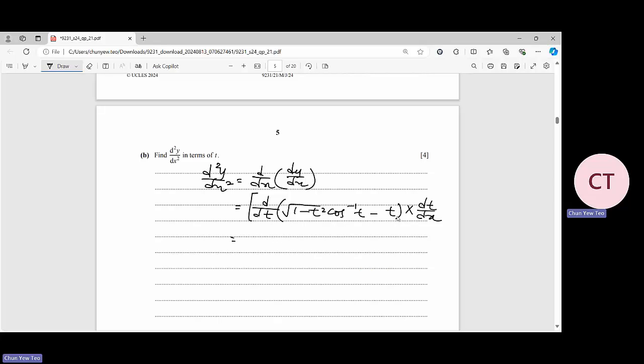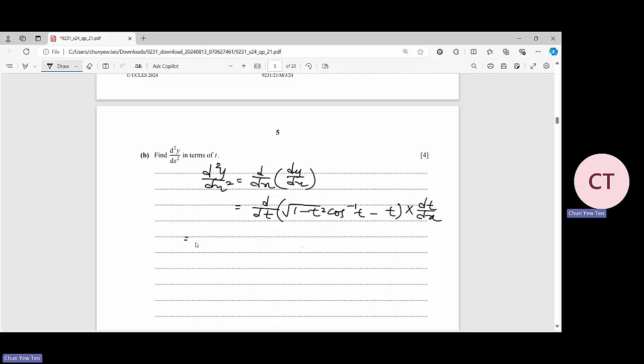This part over here, we will just differentiate with respect to t as usual. So this one, we keep the left, differentiate the right, plus keep the right, differentiate the left. Oh no, please, so sorry. Need to squeeze in everything here. I need to have a bigger space over here.